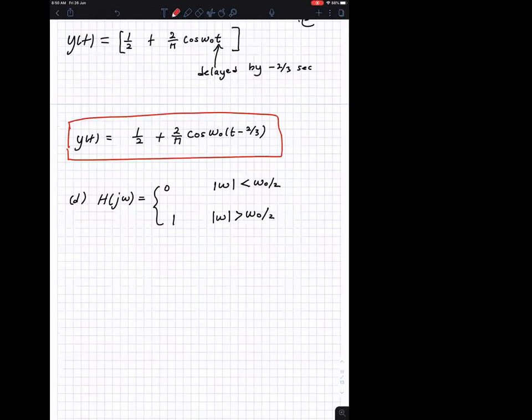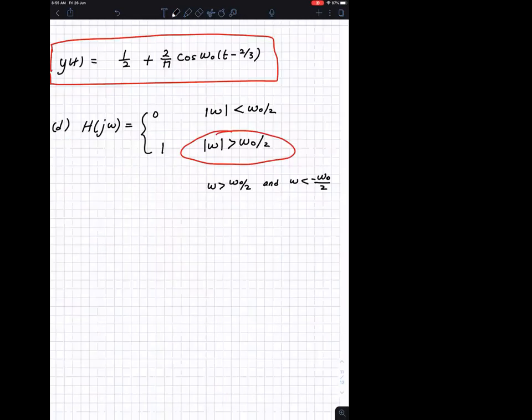So what this means, you guys know, right? The filter is going to be on from minus omega naught over 2, right? From here and then onwards, and then here omega naught over 2. So in this region, it's going to allow the signals to go through.